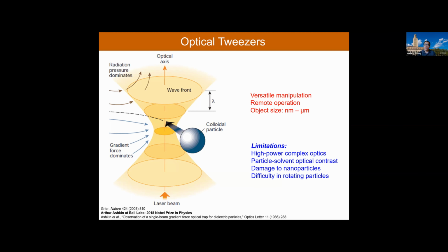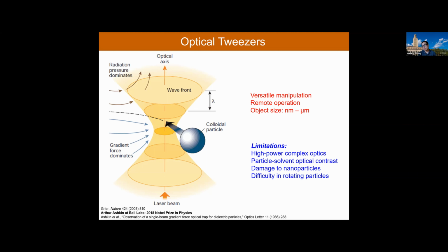But they do have a few limitations that prevent broader use of these powerful tools for other applications. First of all, it requires high power, because typically the optical force is quite weak, so we need a high power laser beam that is often highly focused to generate the gradient force.